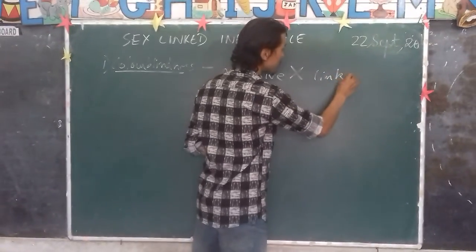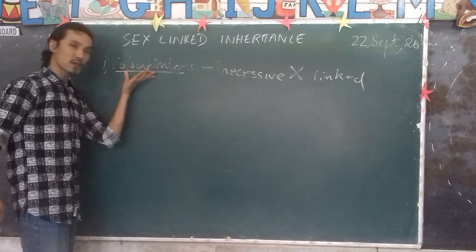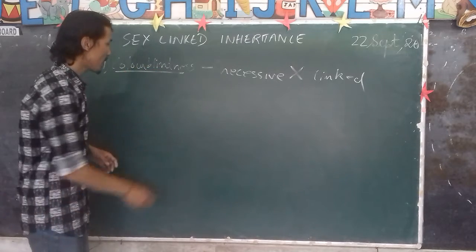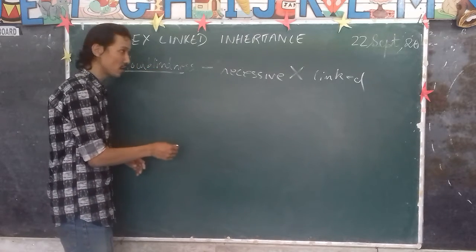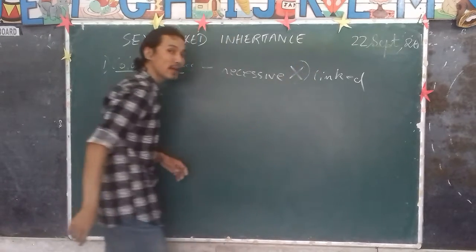So color blindness is a recessive X-linked inheritance. That means for an individual to experience color blindness, the genes have to be in the recessive condition, and both these genes are found in the X chromosome.